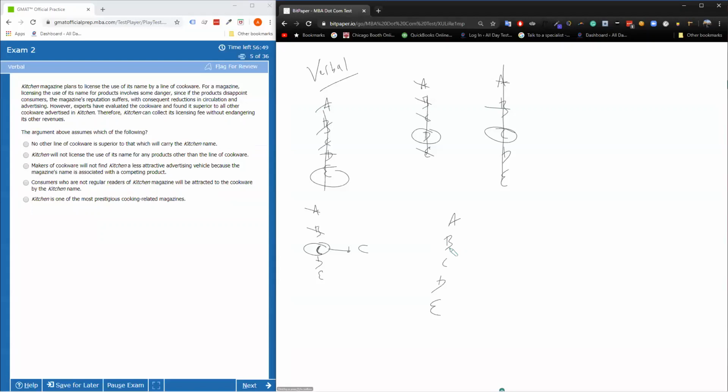Makers of cookware will not find Kitchen unless a direct advertising vehicle because of the magazine's name. I kind of like C, because that gives a reason why it may affect advertising.